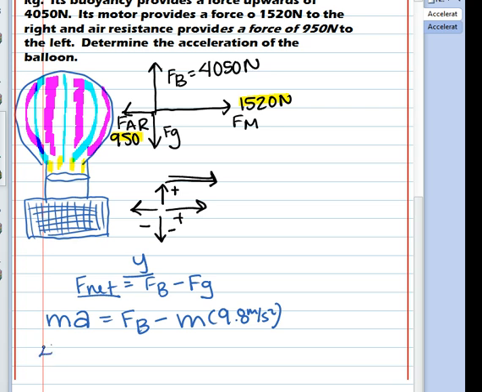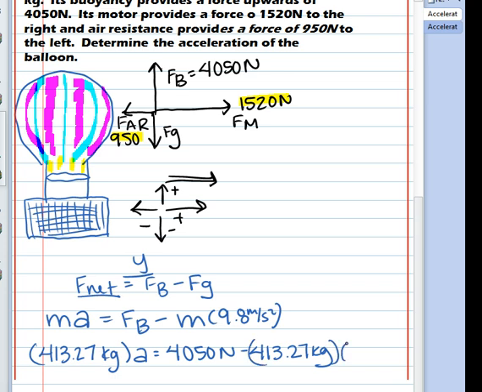We would plug in 413.27 kilograms times A equals 450 newtons minus 413.27 kilograms. Sorry, this should have been a 7 over here. I don't know why I wanted to make it a 5.